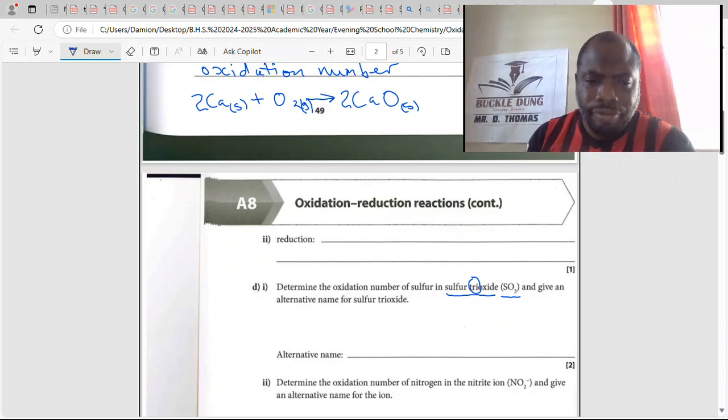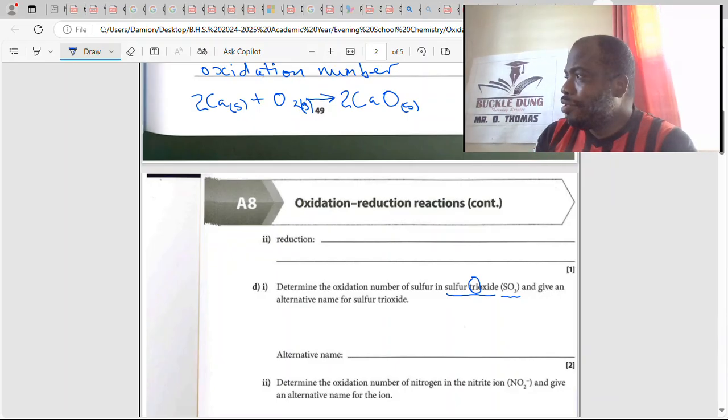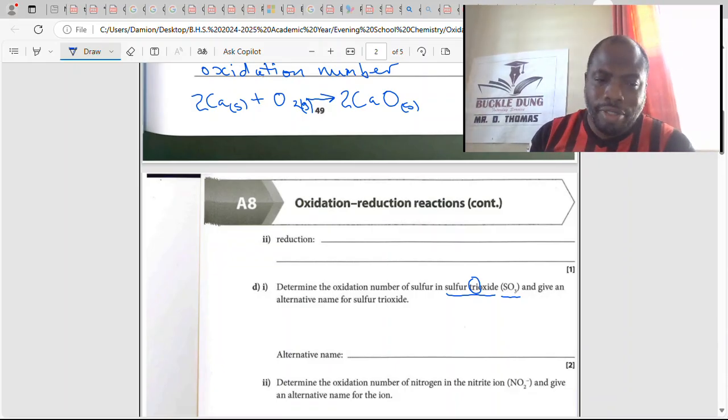What are the rules? Except for peroxide. Yeah. So we know that the oxygen is a -2. What are the rules we can use to help us?